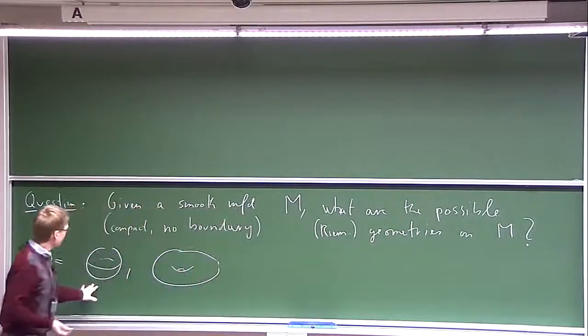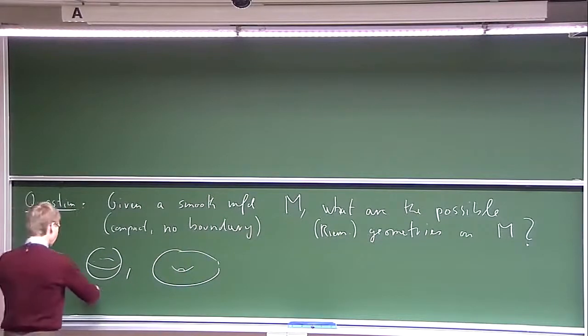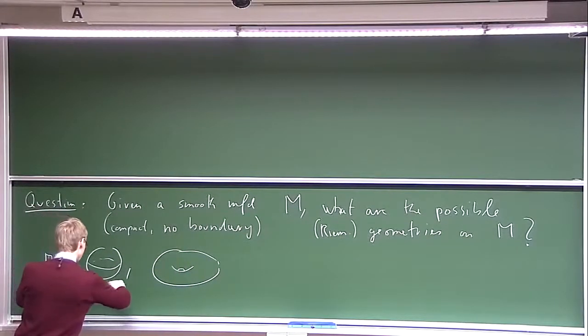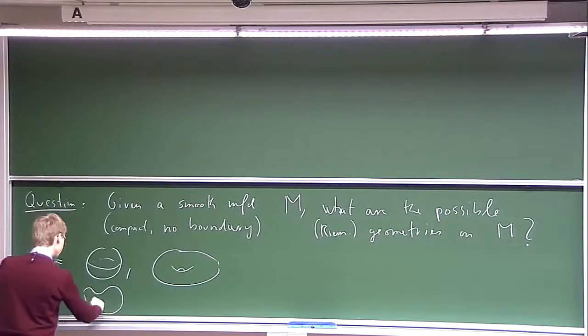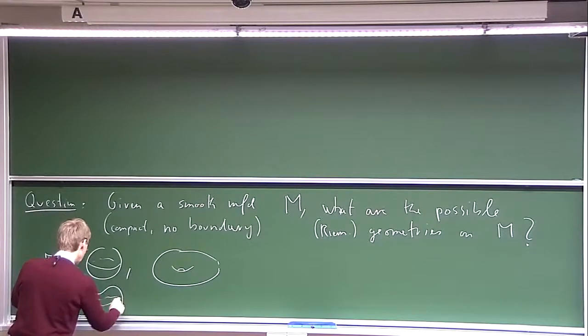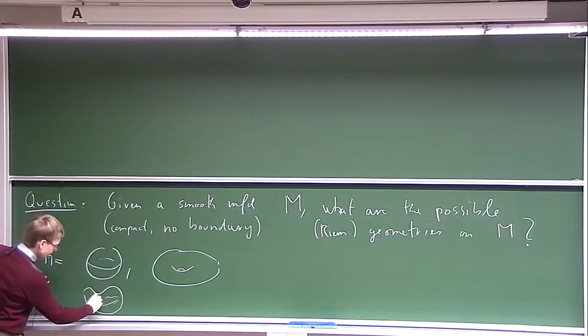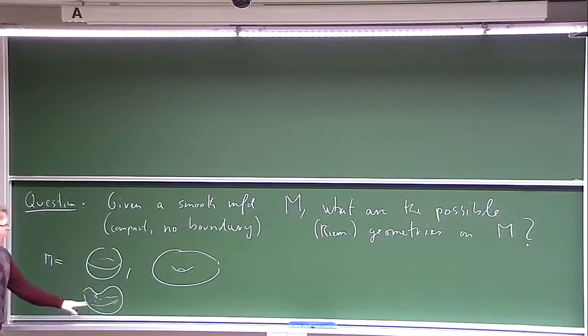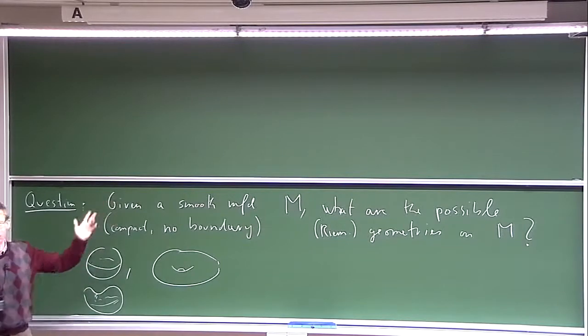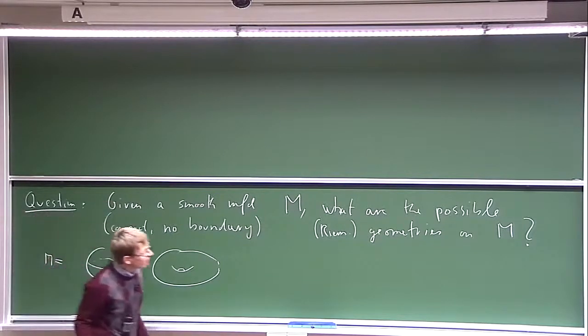And of course we can also make it differently. We could have a bend here, which creates such a saddle situation. But then we could also ask the question, can we put such a saddle-like situation everywhere on the two-sphere? This is the kind of question I'm addressing here.